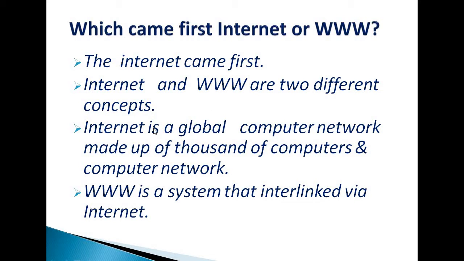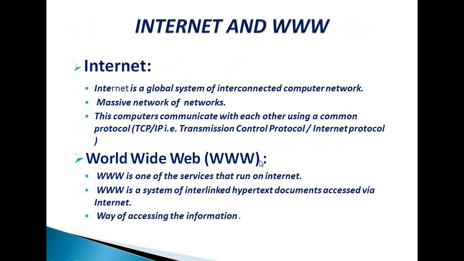With the help of the internet, a global computer network, we interact with thousands of computers and computer networks. Now in the second case, WWW, that is web, that is W3, is a system that is interlinked with the internet. So the internet is a global system of interconnected computer networks, a massive network of networks.